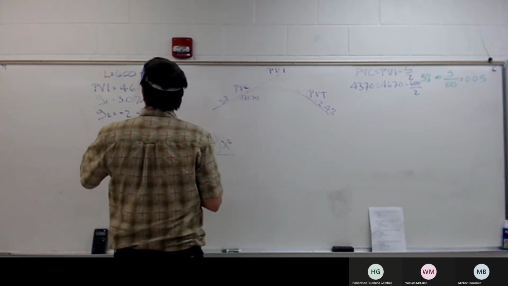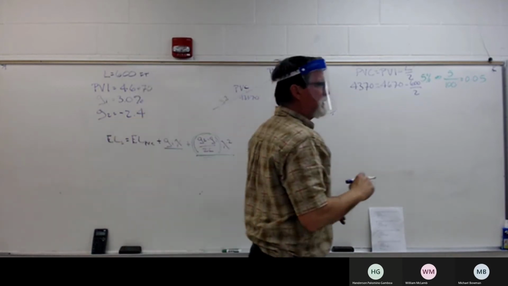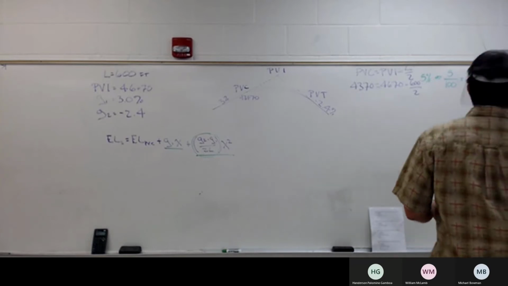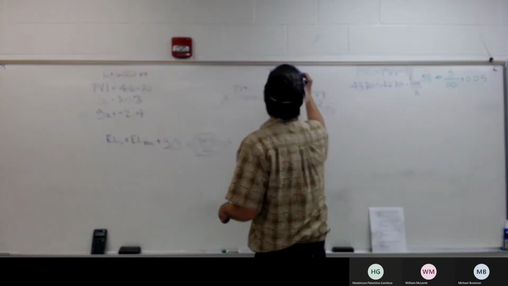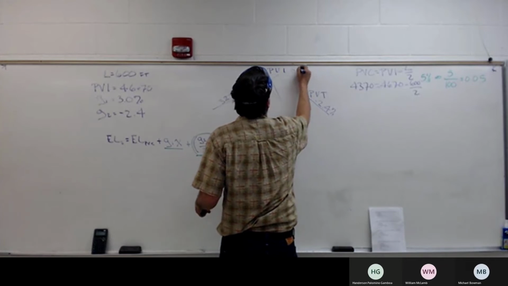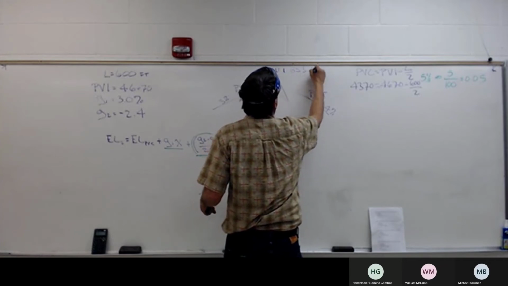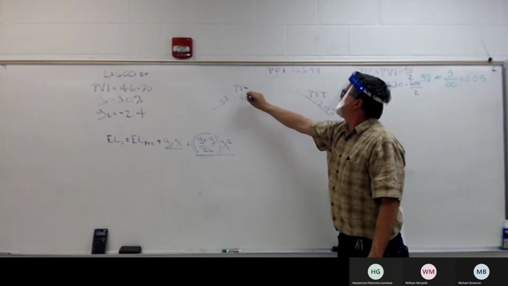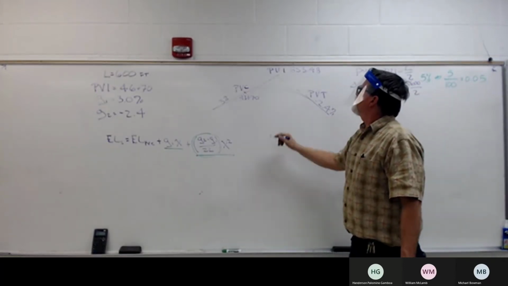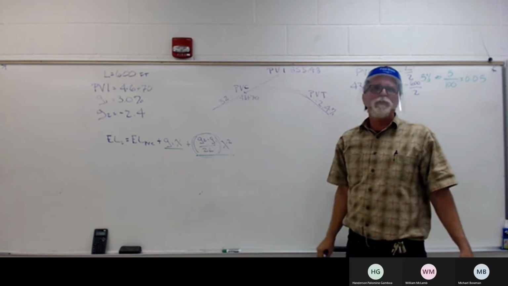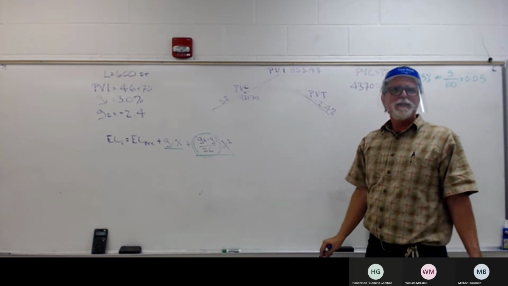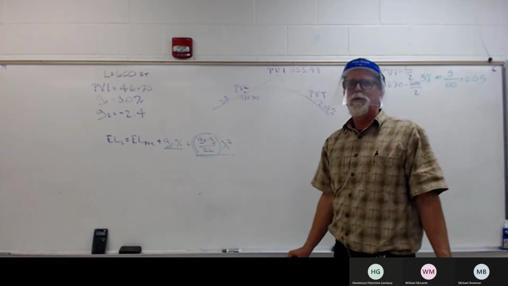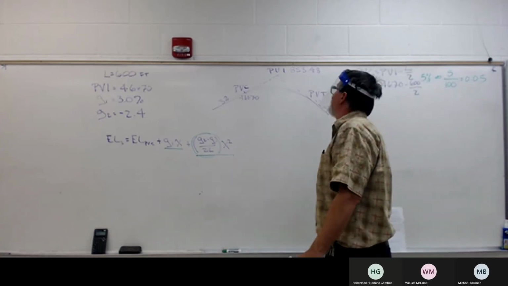One thing that's missing, let's say, elevation of the PVI is 853.48. Which we can use to find the elevation of our PVC, because we know that that's 300 feet back down there, right? At what kind of percent slope? 3. At 3%.